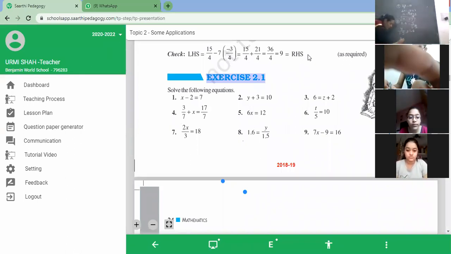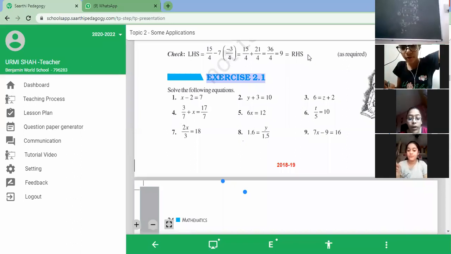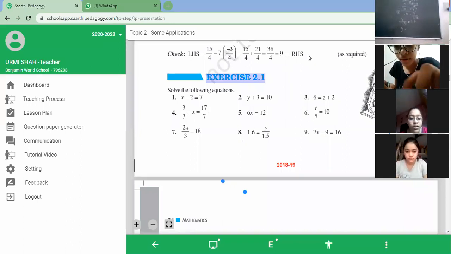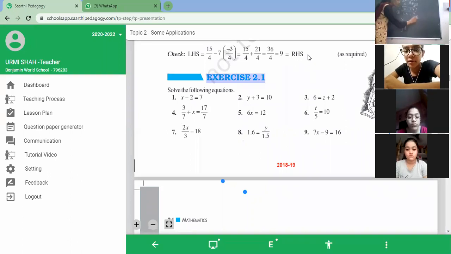So y is equal to this denominator into multiplication, 1.6 into 1.5. Ma'am, did you write 1.6 equal to y or 4? Son, 1.6 is equal to y upon 1.5. It is 5 only, you can see clearly.